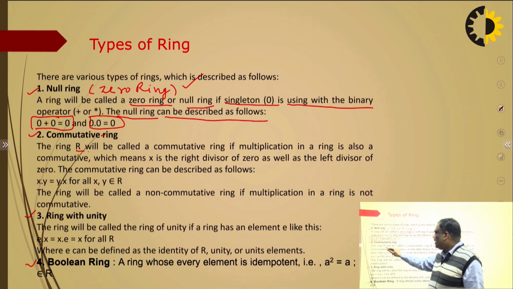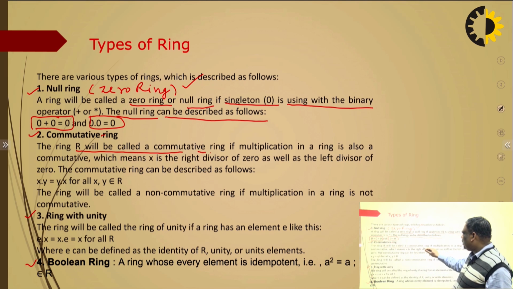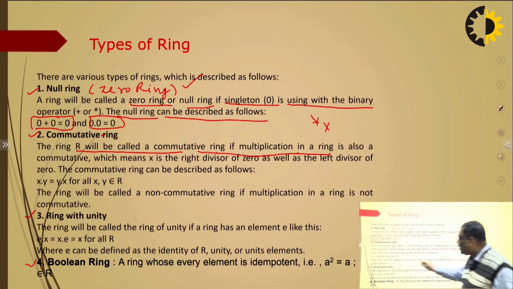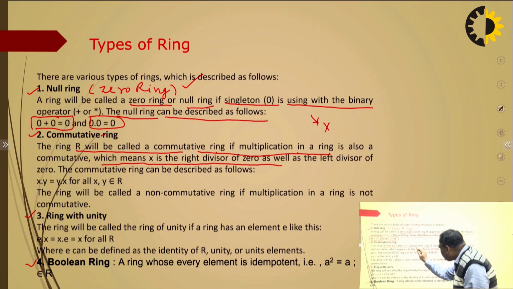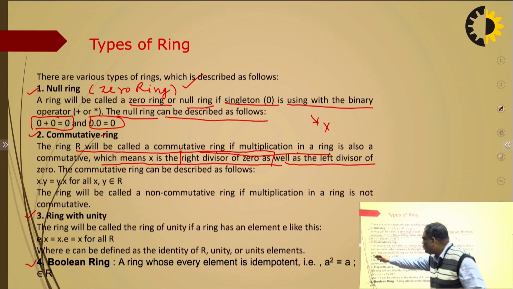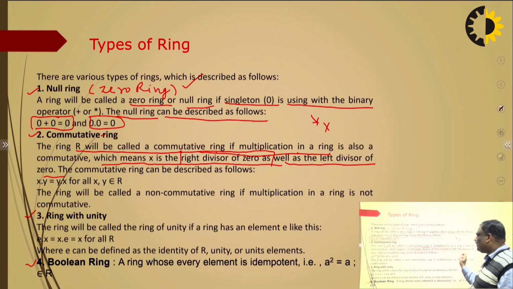Commutative ring: a ring R will be called a commutative ring if multiplication in the ring is also commutative. Please see here, it is known as a commutative ring if the multiplication binary operation in the ring is also commutative. At first we understand the terms right divisor of 0 as well as left divisor of 0.